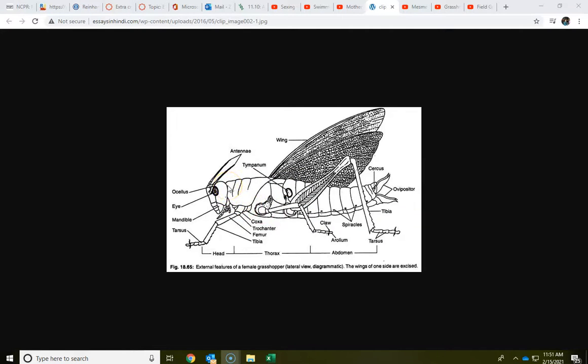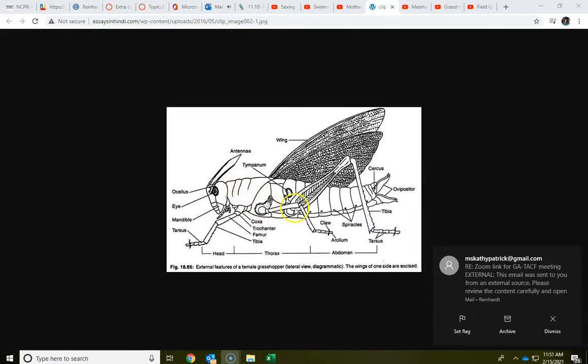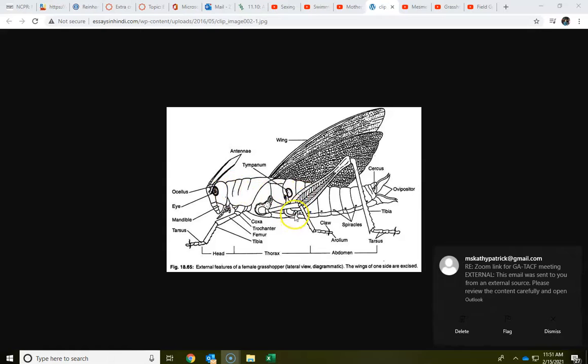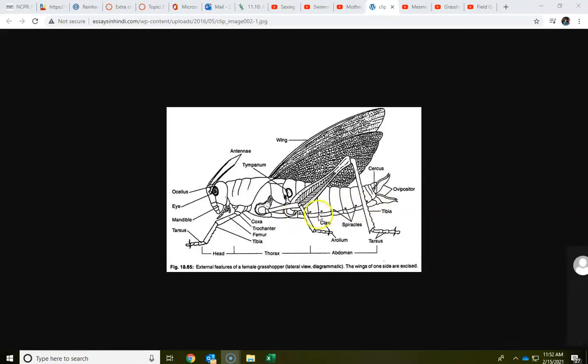It's a 6-legged organism, and we see that those 3 pairs attach to the thoracic section. So thorax is from the head back. We see the 3rd pair of legs attaches here, and then so this would be the abdomen.